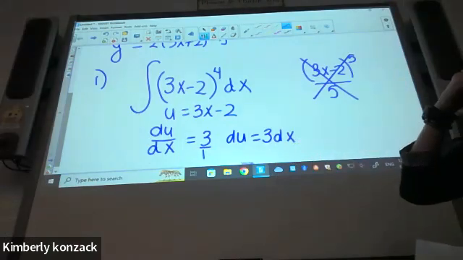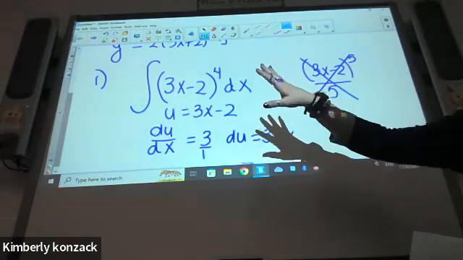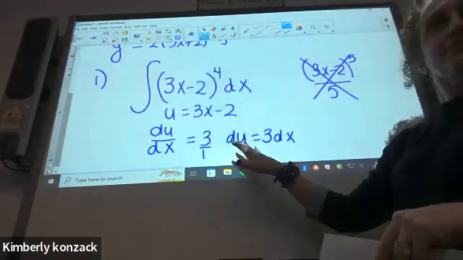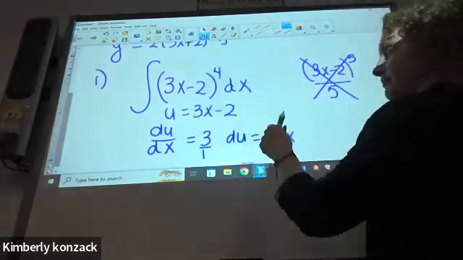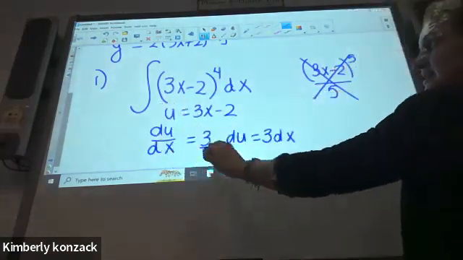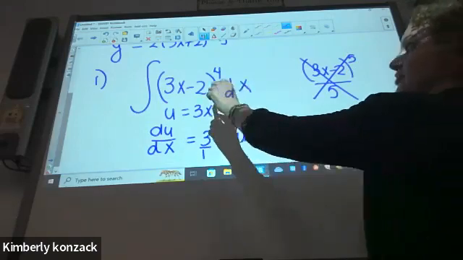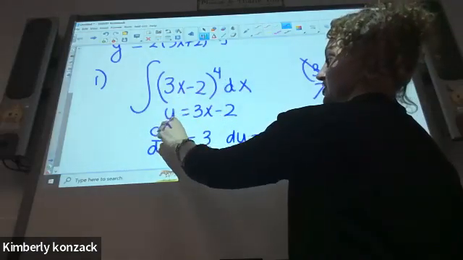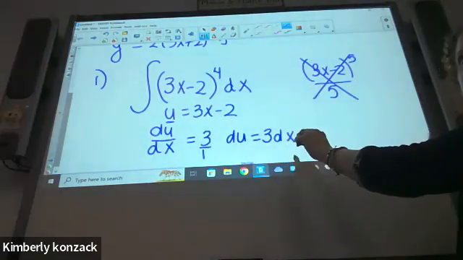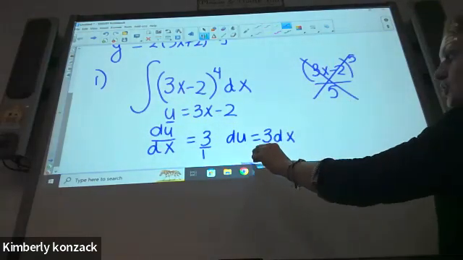The reason we want to do that is because everything in here needs to be replaced with something down here. For instance, the 3x minus 2 is our u. That's looking good. And we need dx to be replaced with something.